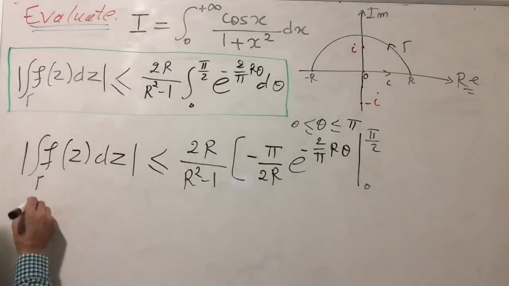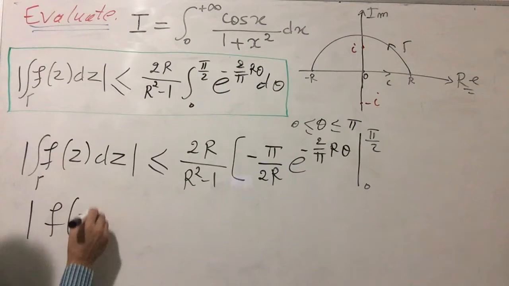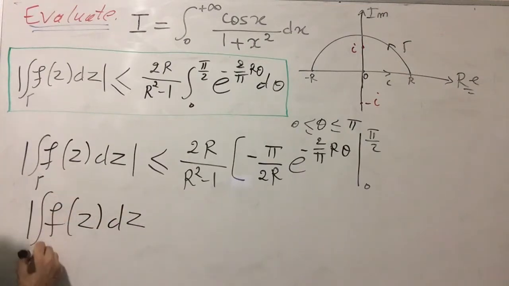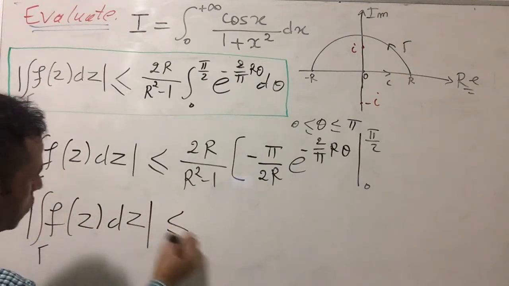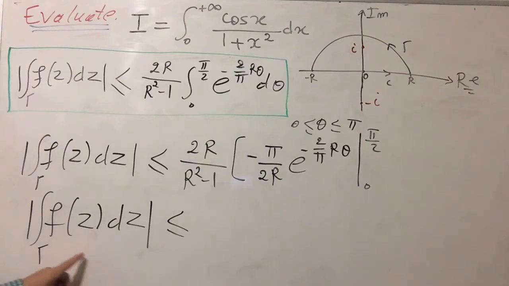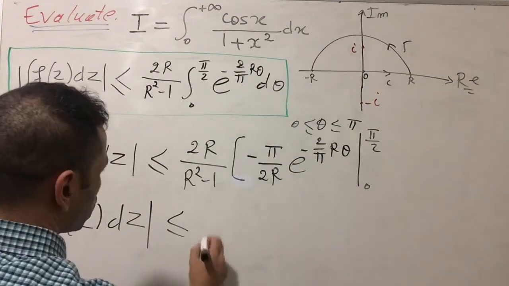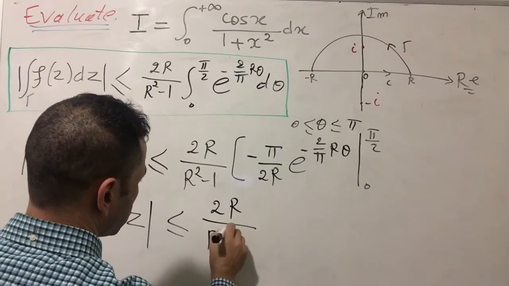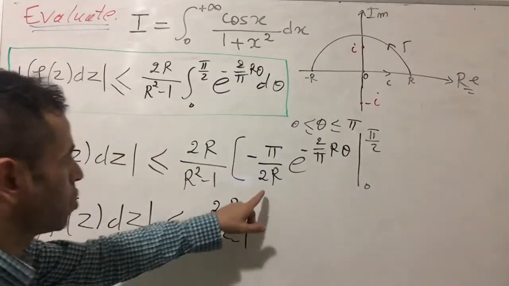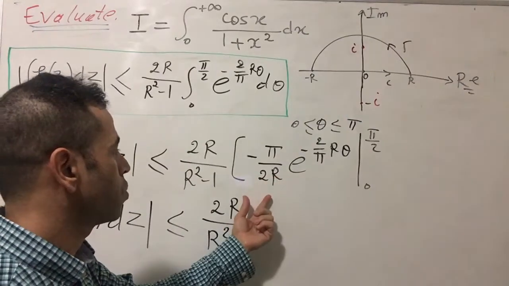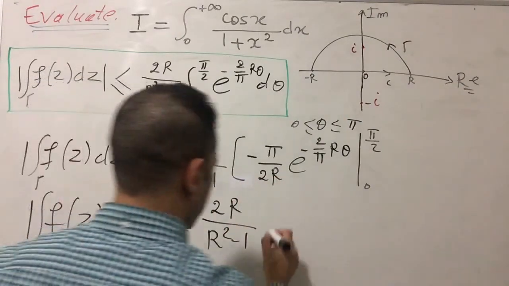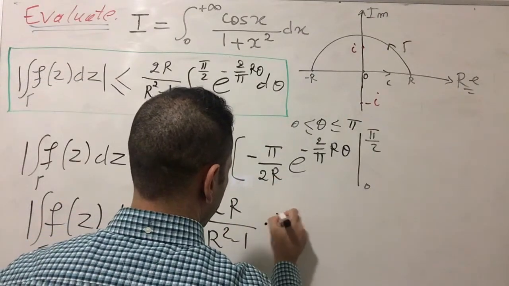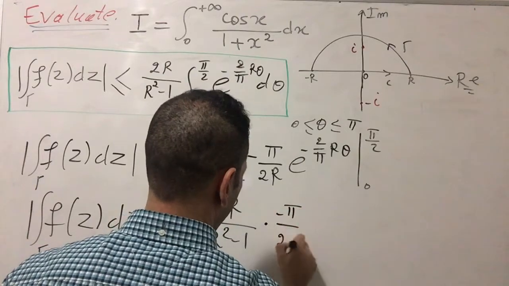So I have the absolute value of the integral of f of z dz over gamma is inferior or equal to r over r squared minus 1. So I'm going to take this minus pi over 2r outside. So I will have minus pi over 2r.